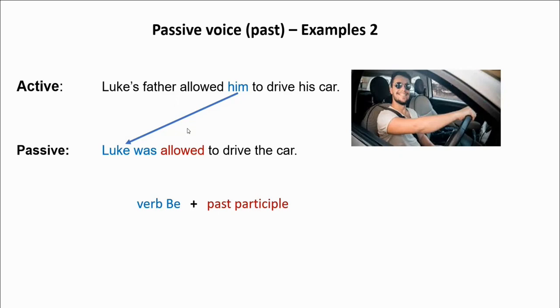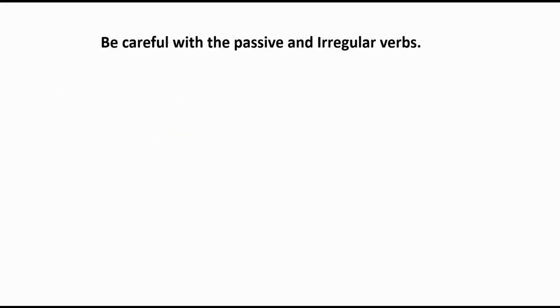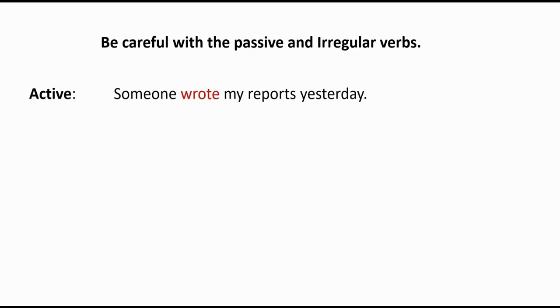But now let's look at some irregular verbs. So be careful with the passive and irregular verbs because often the past participle is not the same as the past simple. Let me give you an example. So we have a different verb here.